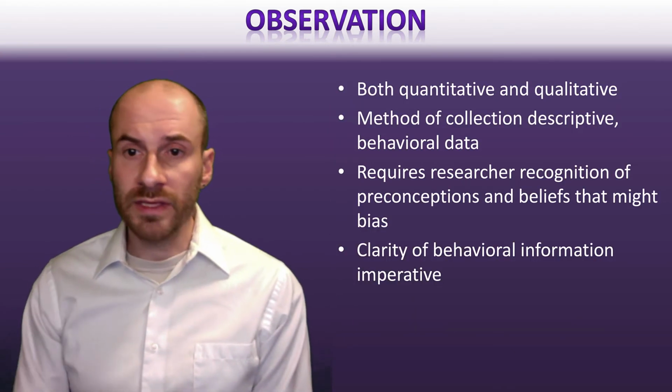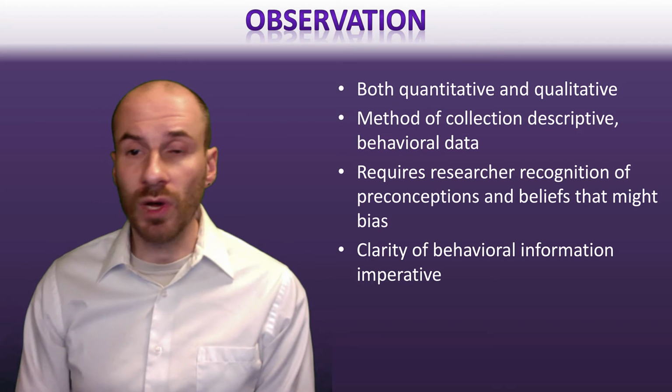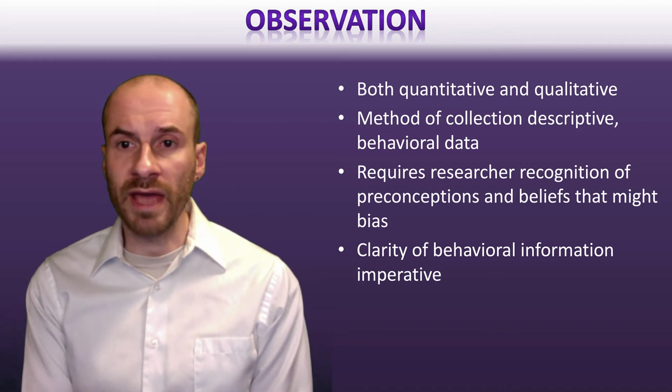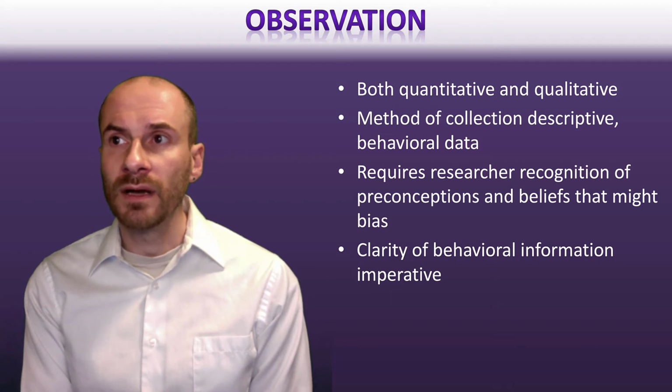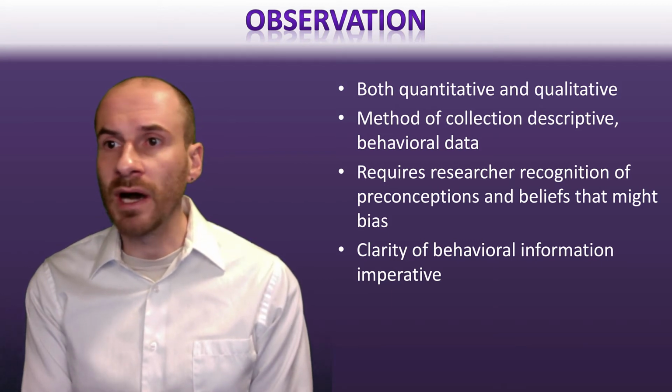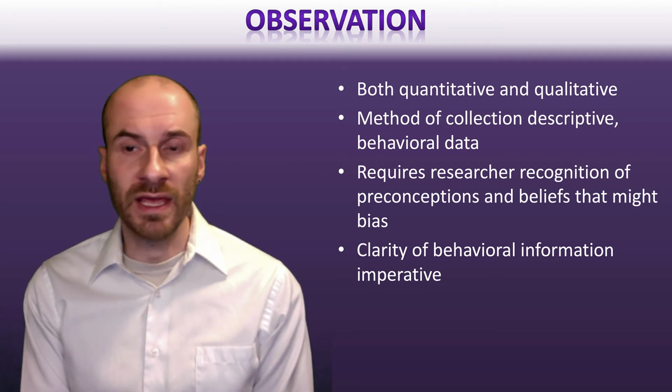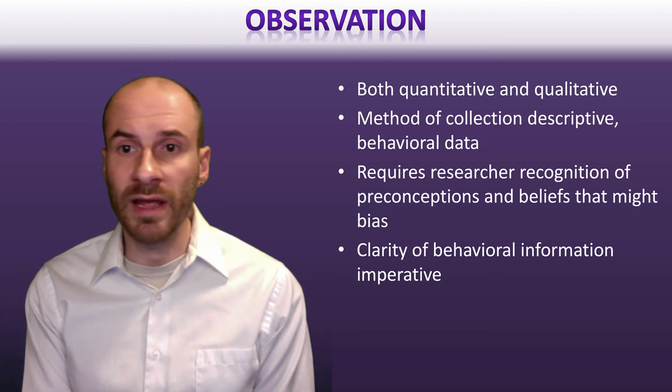Now, another strategy is observation, and this is a really effective strategy where you're essentially, as a researcher, observing what's going on in the world around you. Now, this is used both for quantitative research and qualitative research. So let's say that you're looking at how children behave in a waiting room, right?